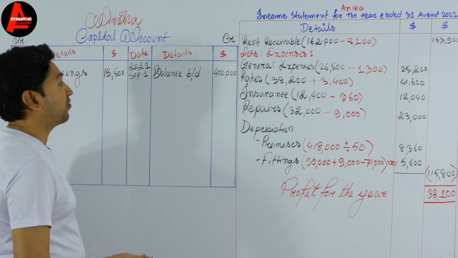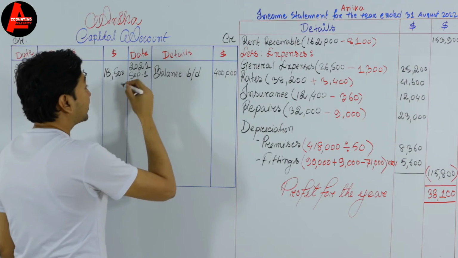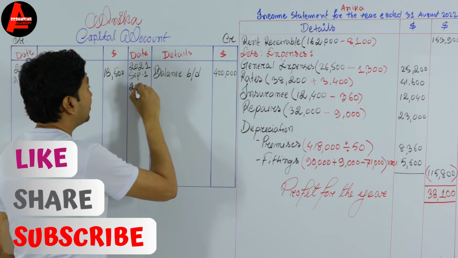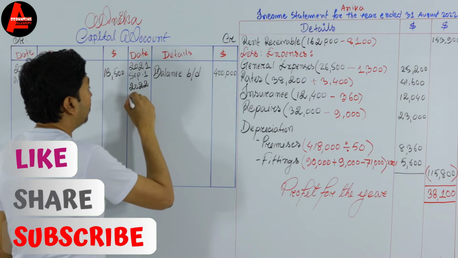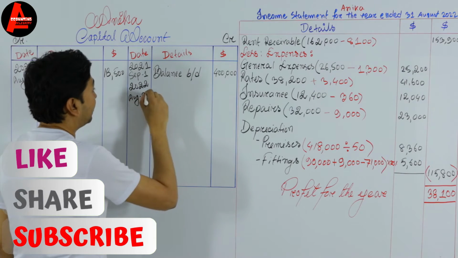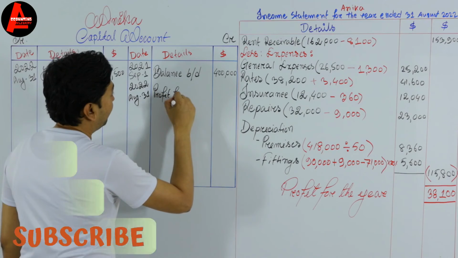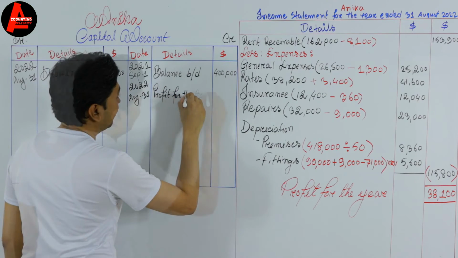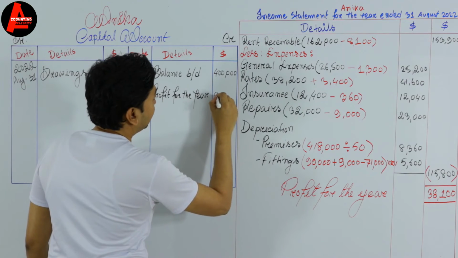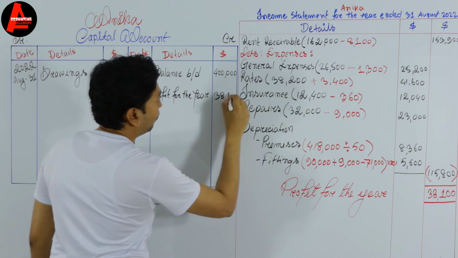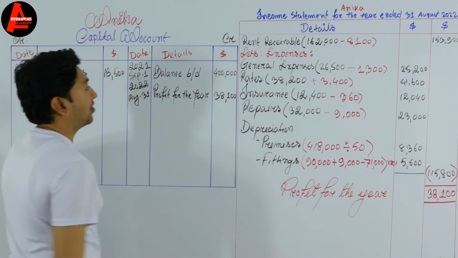If it is a loss, we write it on the debit side. So let us write profit for the year. The date will be the last day of the financial year, 2022 August 31st. We write profit for the year, $38,100.